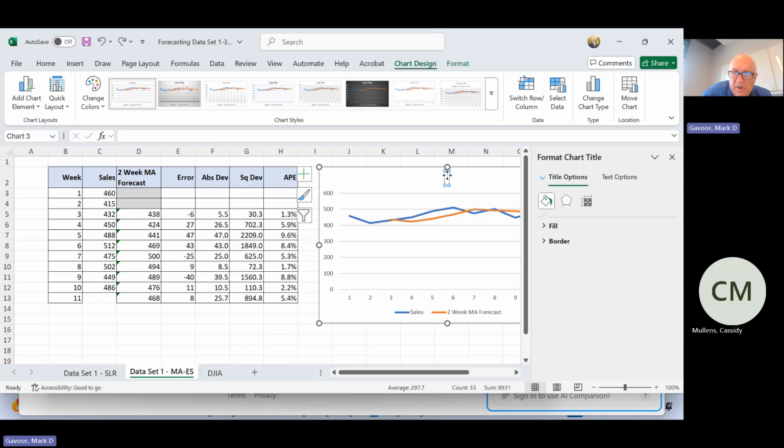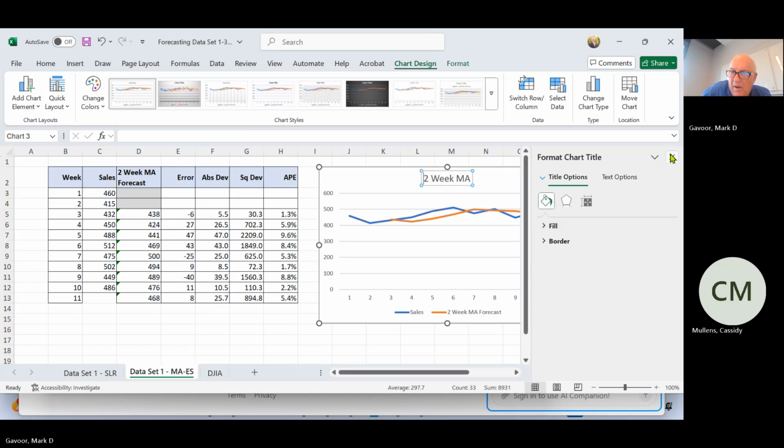When I can't type, especially I do. MA for moving average. And then we go here and just get rid of that extra stuff. Okay.